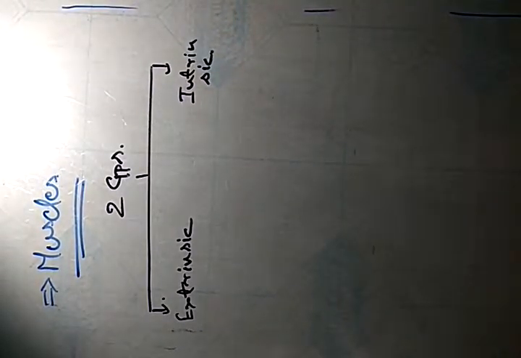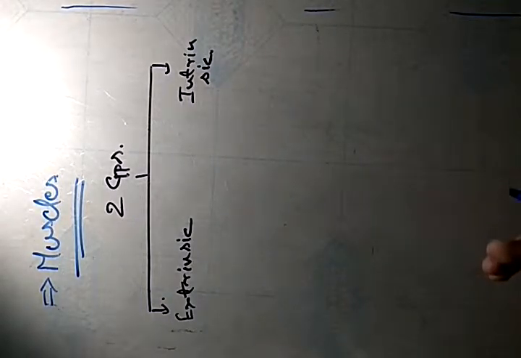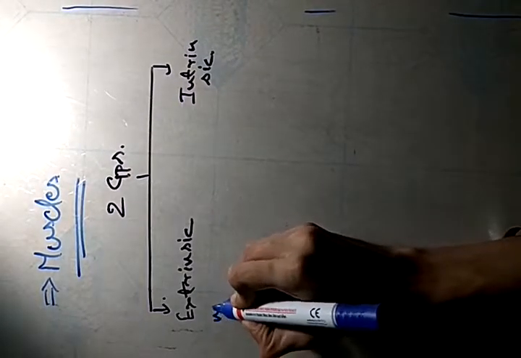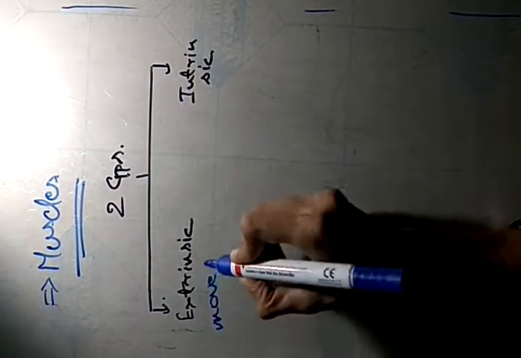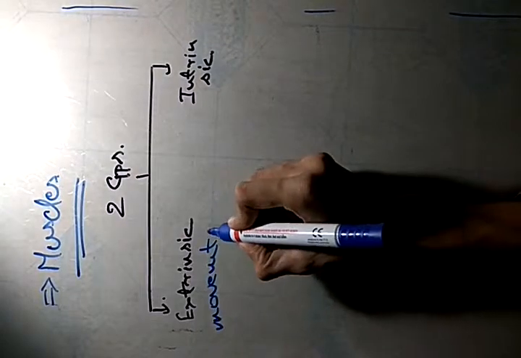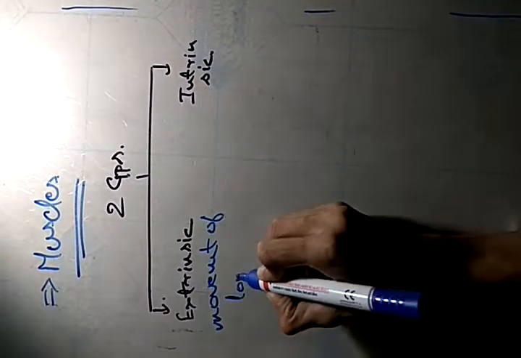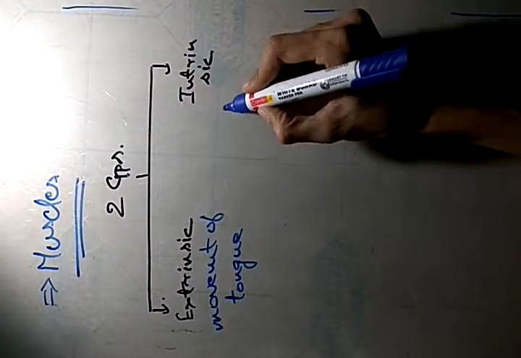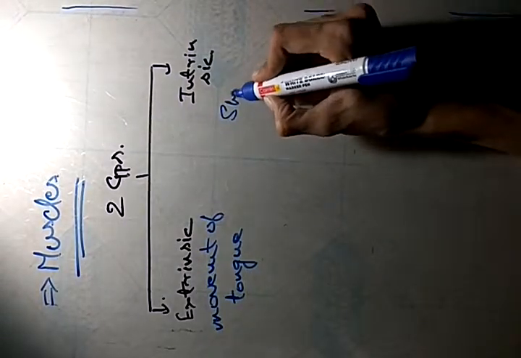What are the movements these two are responsible for? Extrinsic muscles are responsible for movement of tongue, and the intrinsic ones for shape.